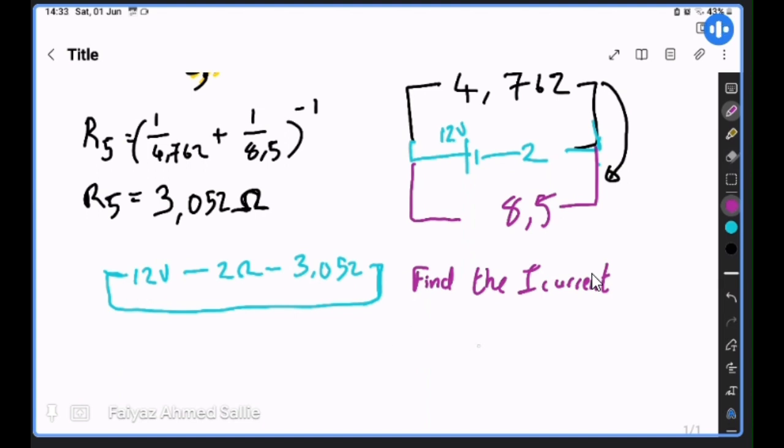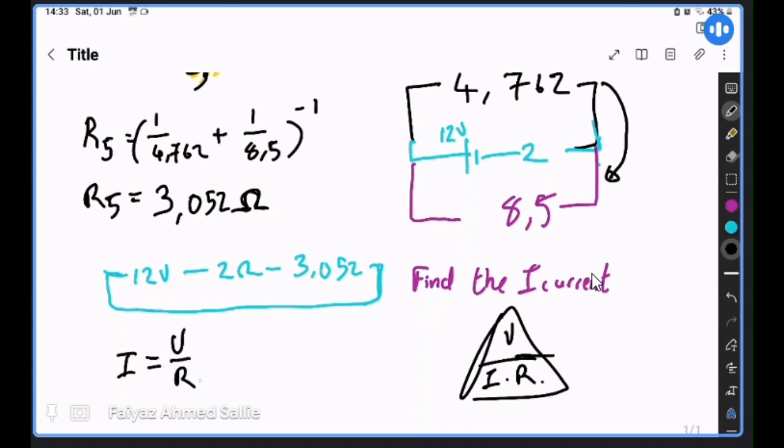So we know from Ohm's law that the voltage is equal to the current times the resistance. So the current is equal to voltage over the resistance.